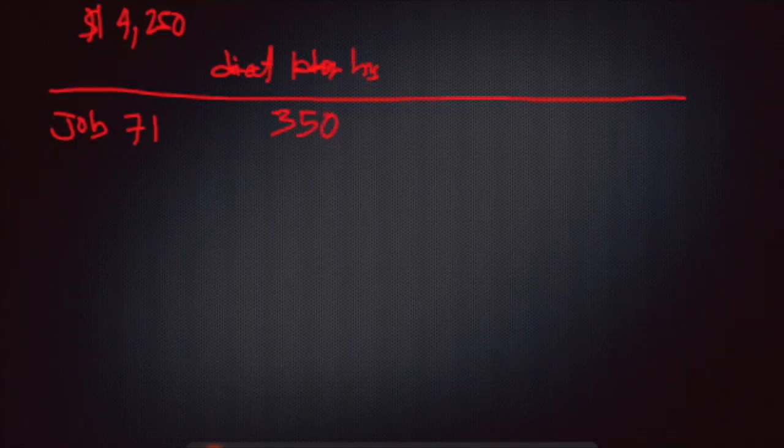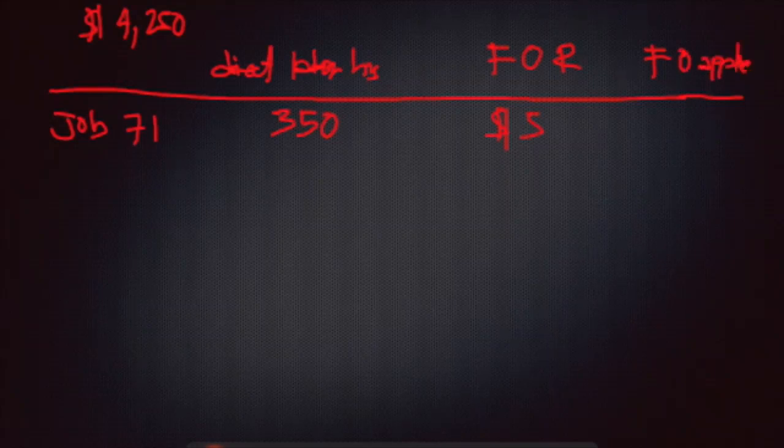The factory overhead rate is $5. So the factory overhead applied will be $1,750.